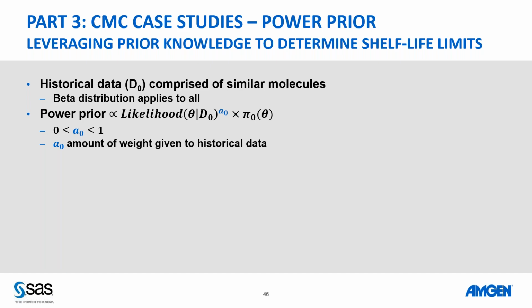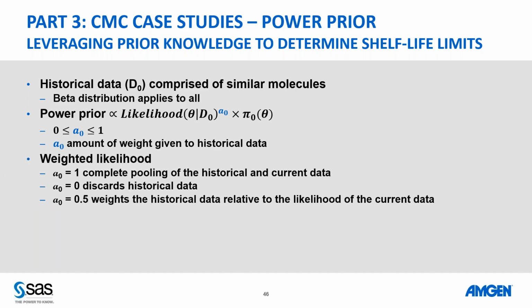That's why A naught needs to be between 0 and 1. It can't be 50 or negative 20. If it's small, then I'm discounting the weight coming from the historical data likelihood. If it's closer to 1, I'm using more of that information.